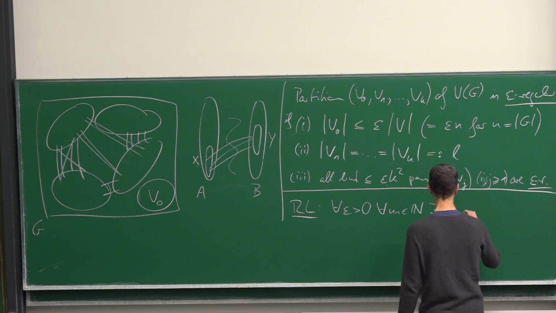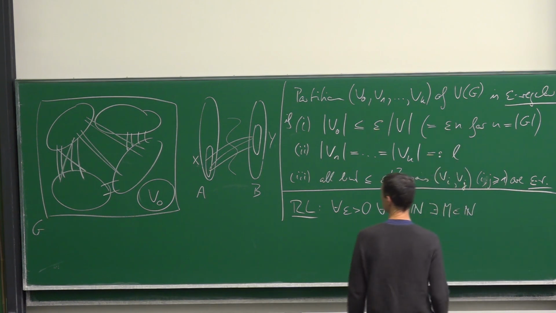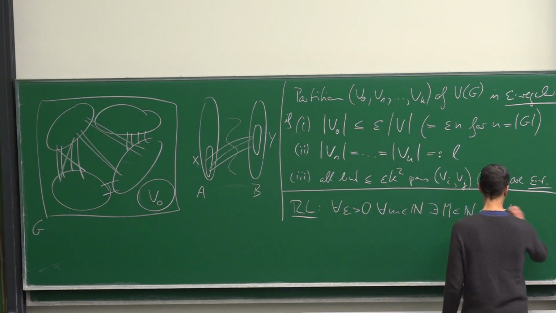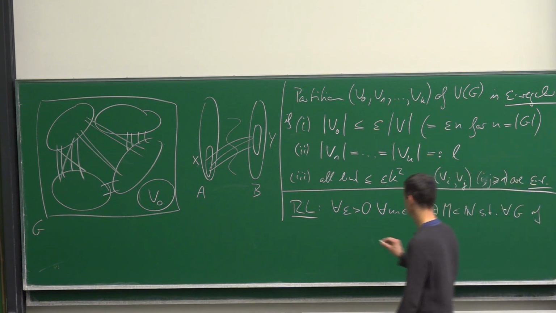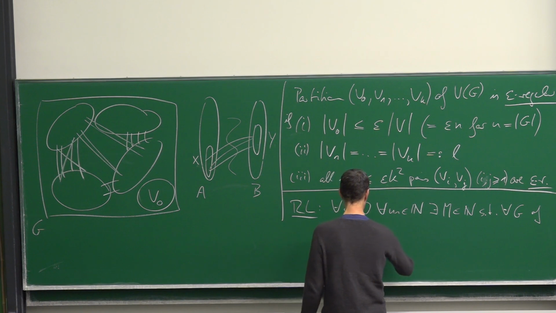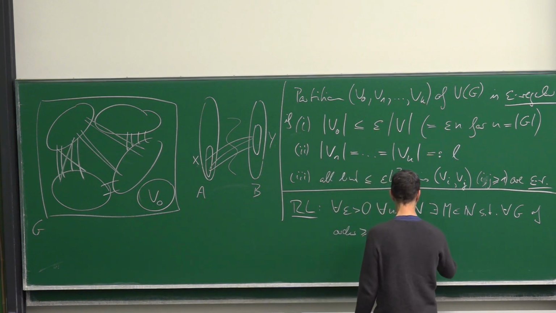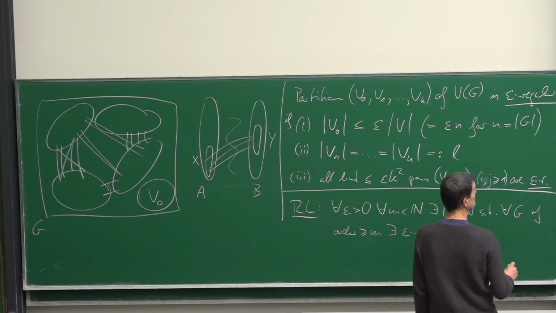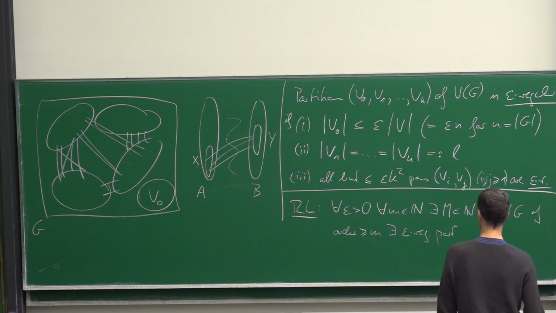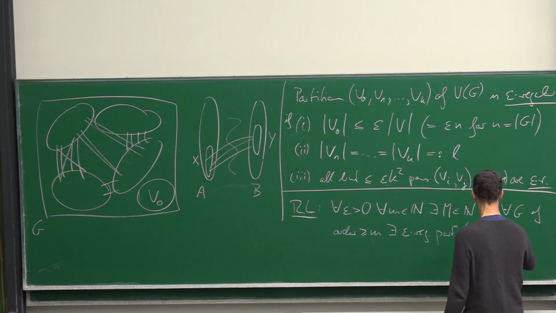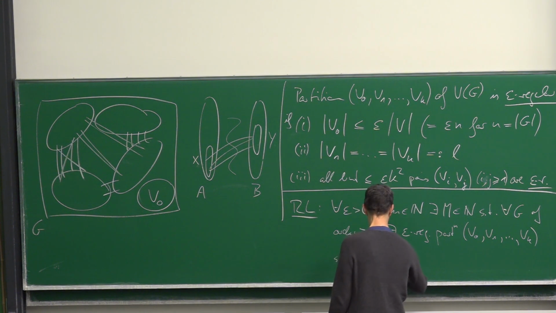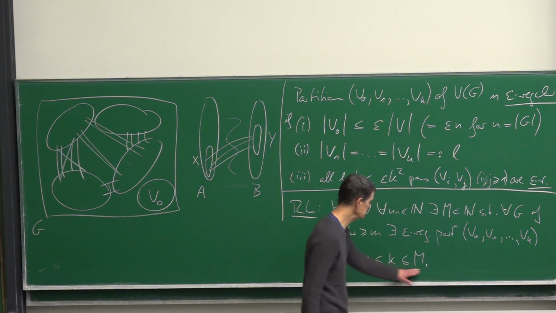There exists this upper bound on the number of partition sets called big M, such that for every G of order at least m, there exists an epsilon regular partition, V0, V1, ..., Vk with k between little m and big M. Right, but this is the important thing.